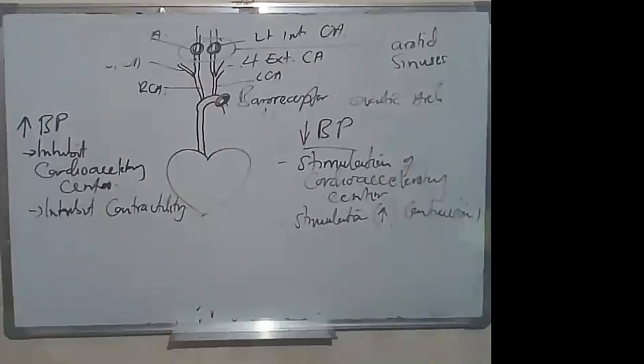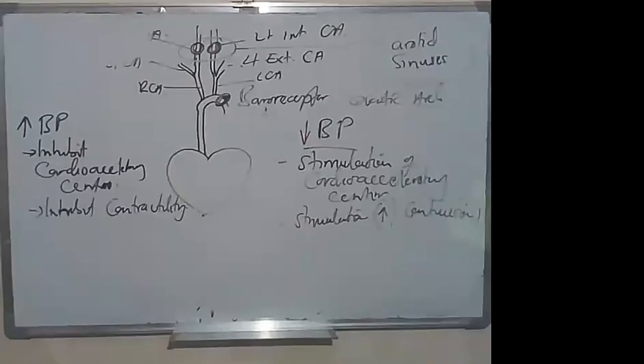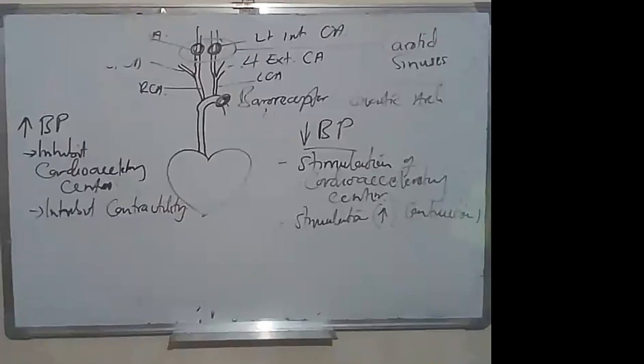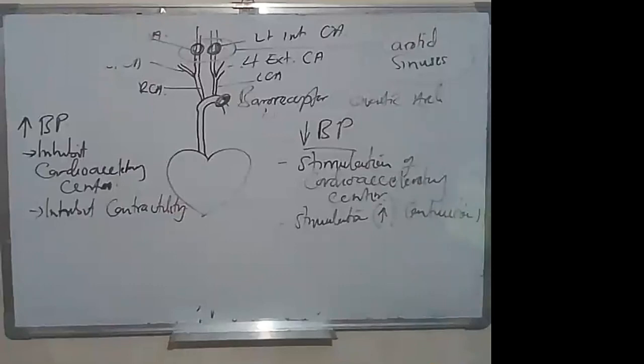So those baroreceptors are going to send a signal basically or mostly to the adrenal glands, such that there's going to be reduction in the production of catecholamines. Remember I said that catecholamines, that is noradrenaline. Noradrenaline is positively dromotropic and positively inotropic. In other words, it increases the heart rate, and it also increases the force of contraction.